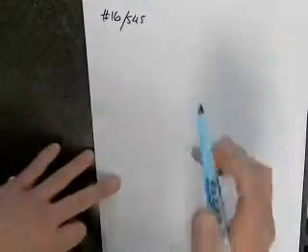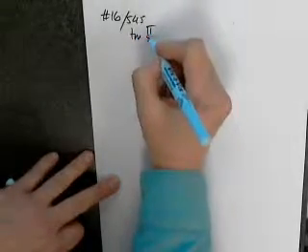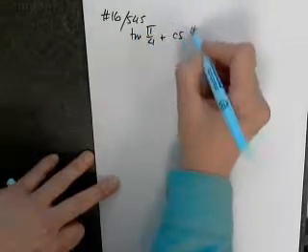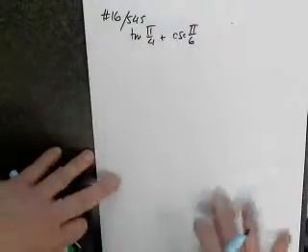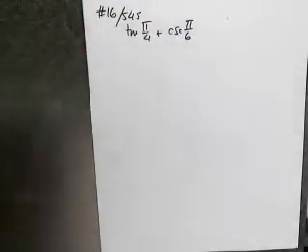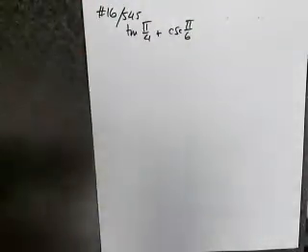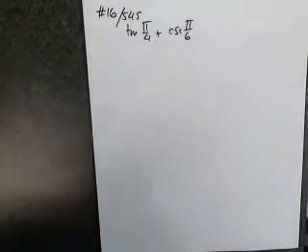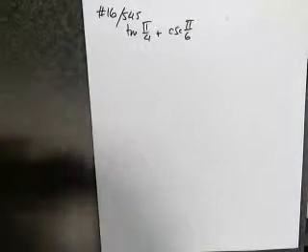Okay, so problem 16 on page 545. We're asked to find what tangent pi over 4 plus cosecant pi over 6 is. And if you remember, I specifically said, do not waste your time with tangent or cosecant or anything else but sine and cosine.